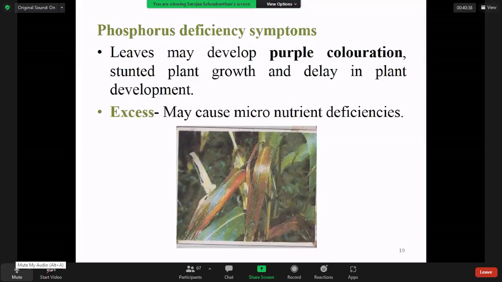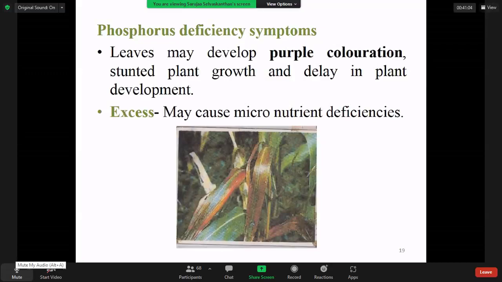Phosphorus deficiency symptoms. If the plant undergoes phosphorus deficiency, you can see leaves may develop purple coloration, stunted plant growth and delay in plant development. Normally, with phosphorus deficiency, there will be a purple coloration.